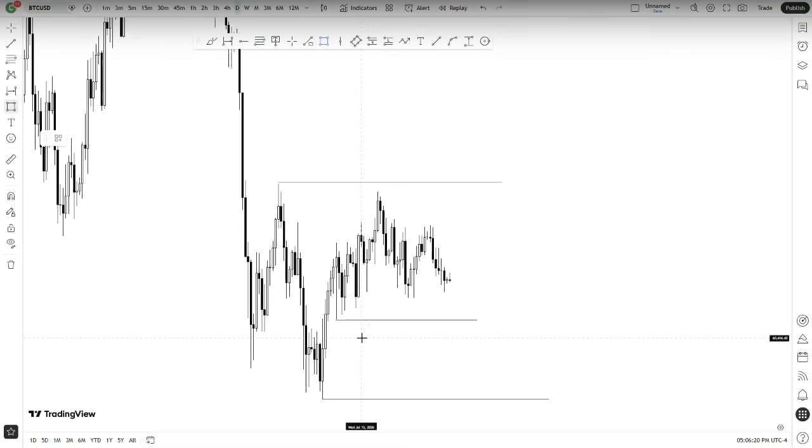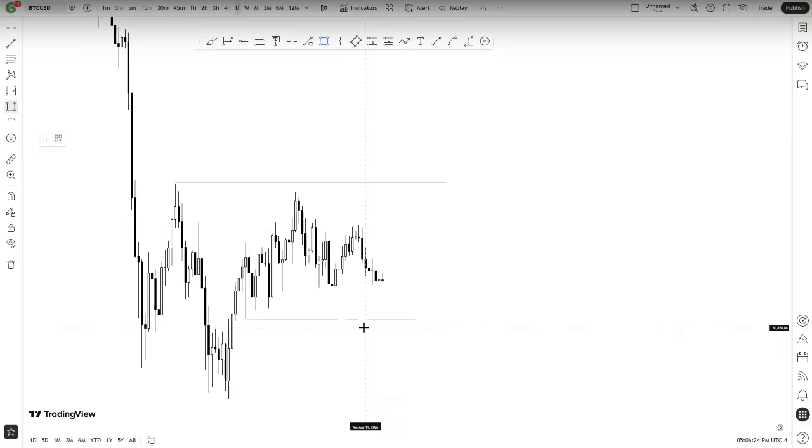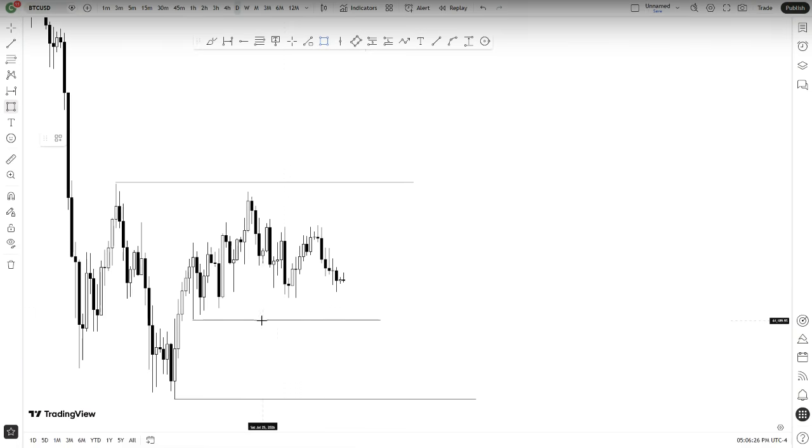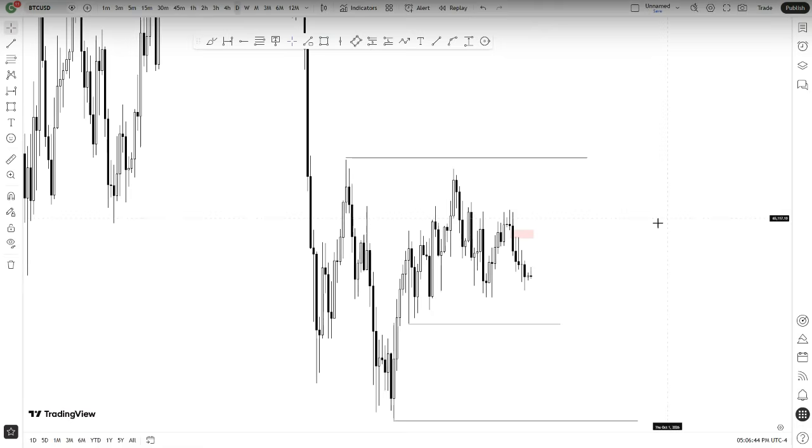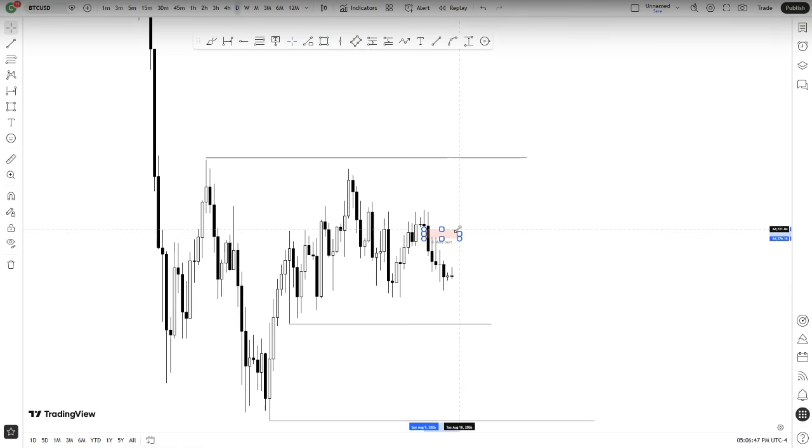The recent buy side inefficiency in daily. Okay, this one. Yes. So what I'm saying is that here is a low resistance liquidity, like if you see in 4 hour, the market has left out liquidity, like it can come here.